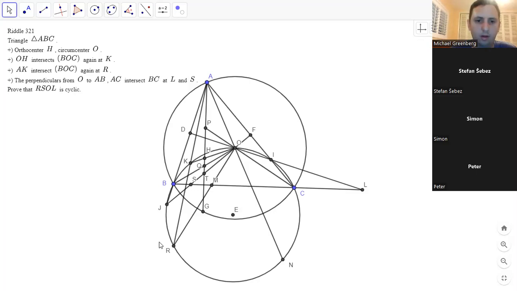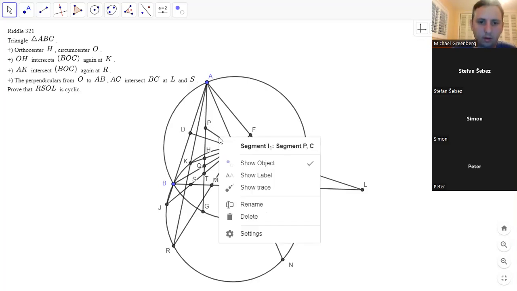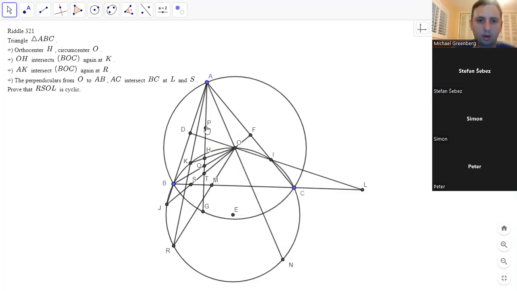Oh, this is actually not good. The projection P should be the intersection of OI. Oh, all right. But then it is also quite symmetric. We just have two bisectors. Okay.